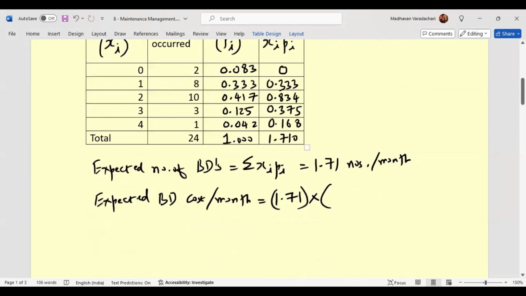So that means this will be rupees 4,788.